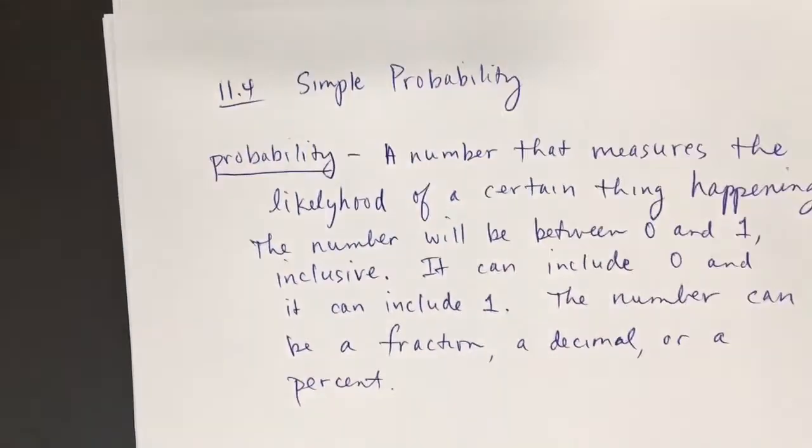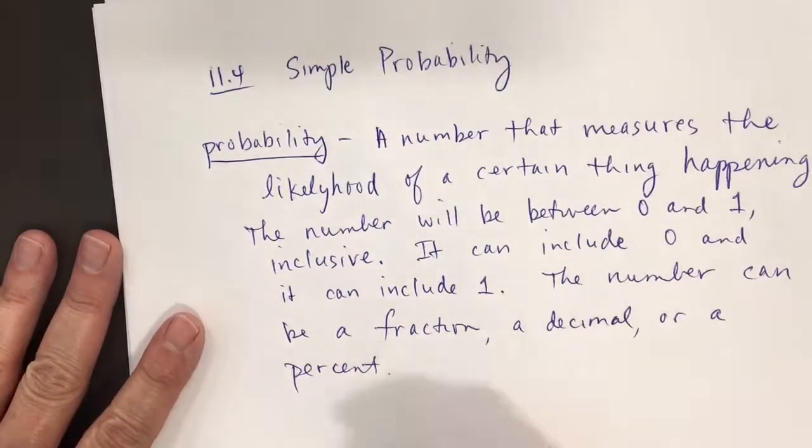And you have to read the directions real careful to see if they want you to give the fraction, the decimal, or the percent. If they want a fraction, they want it reduced.